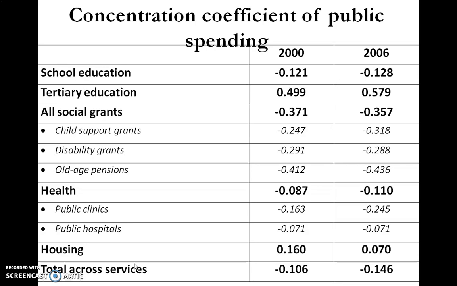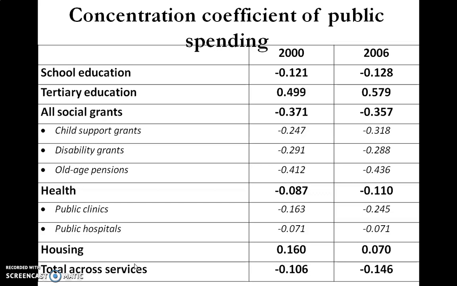And you can see exactly which of those areas, school education, tertiary education, all social grants, health, housing, you can see by looking at the concentration coefficient which of those are more pro-poor and which of those spending categories are more pro-rich. Once again, tertiary education and housing stand out as not being pro-poor. It is only weakly redistributive.